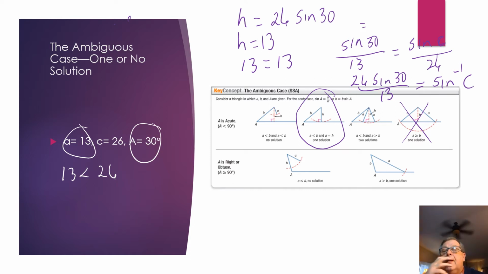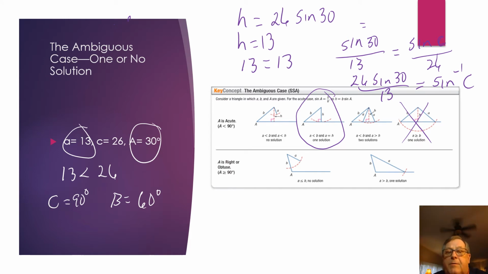And Shazam, that's 90 degrees. So angle C equals 90 degrees. Which means, of course, then, that angle B must be 60 degrees. 30 plus 60 plus 90 all equals 180.